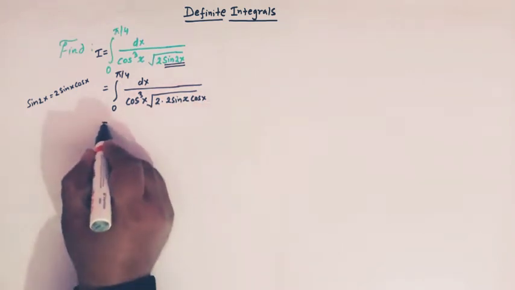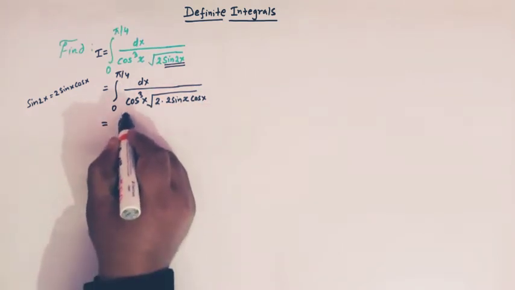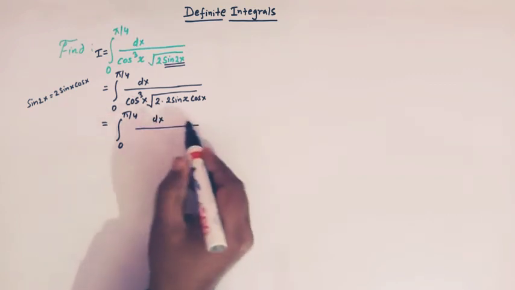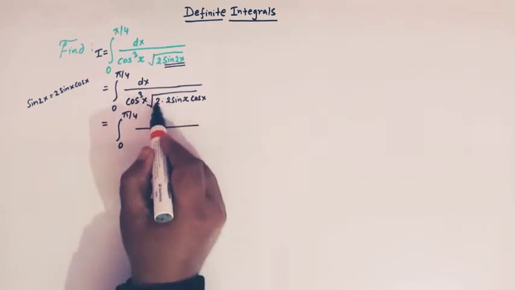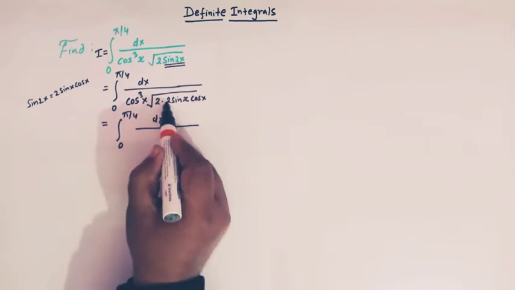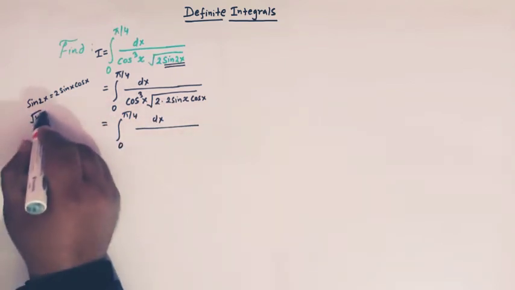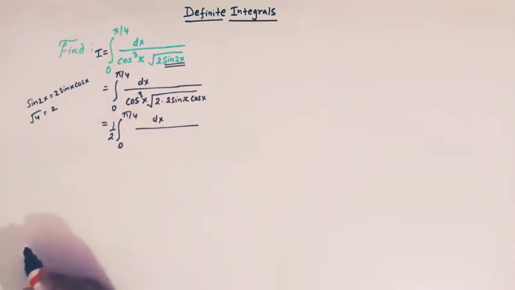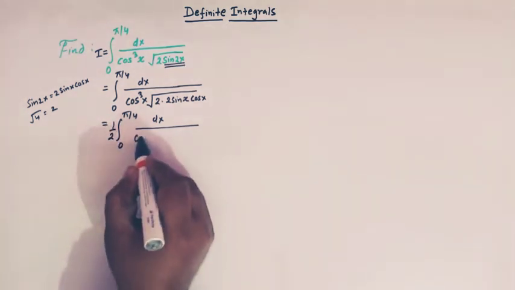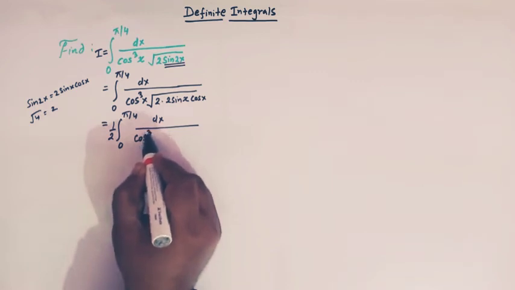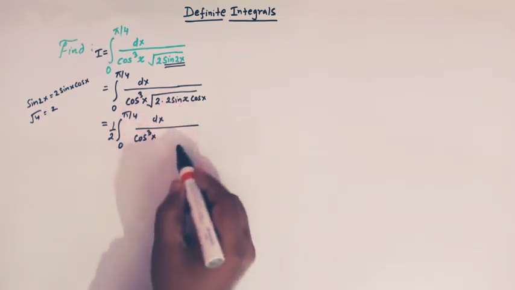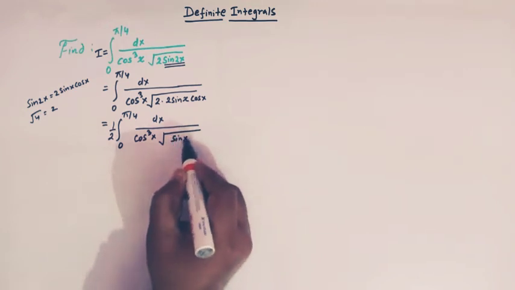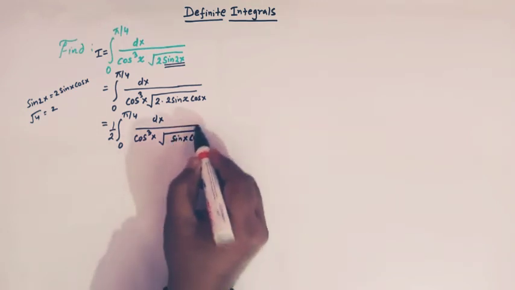Now we can write it as the integral from 0 to pi by 4 of dx, and here we have 2 times 2 which is 4, and the square root of 4 is 2, so we can take this 2 outside the integral. Here we have cos cube x, and the square root of sine x cos x.